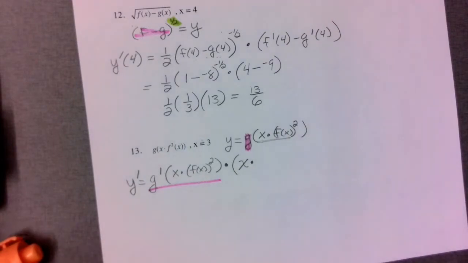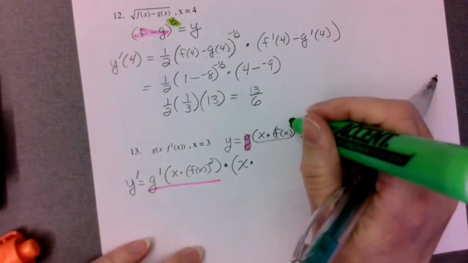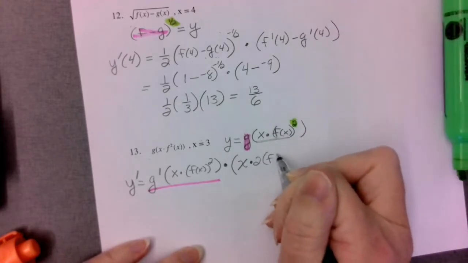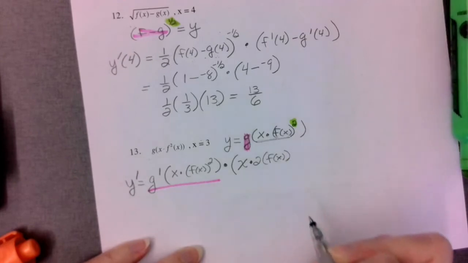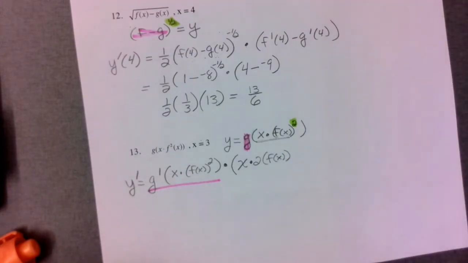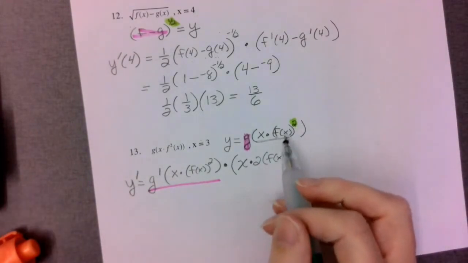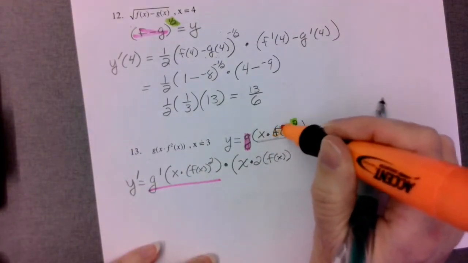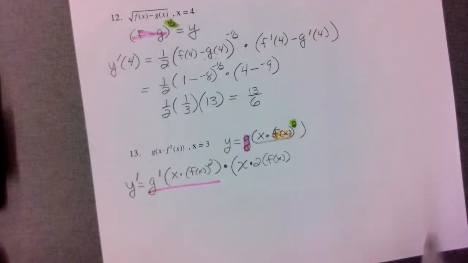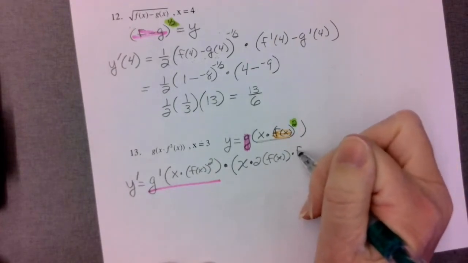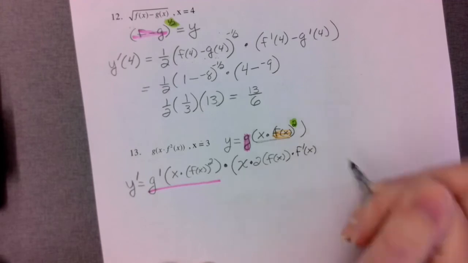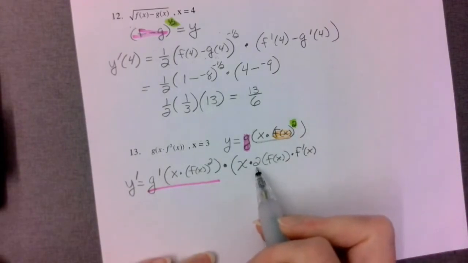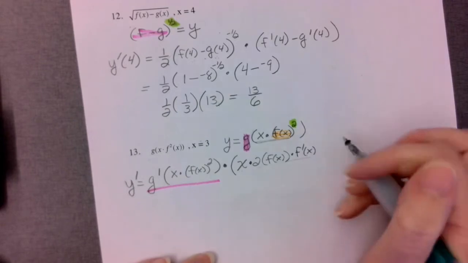So I'm going to start with my 2, bring it down in front, 2 times that f of x to the first, and then I got to finish off that composition because I don't want to leave anything dangling. So the derivative of f of x is times f prime of x. So here's the first as is. This is the derivative of the second.